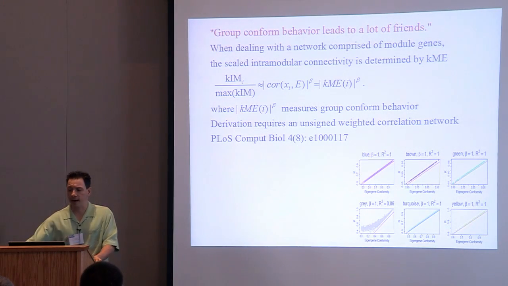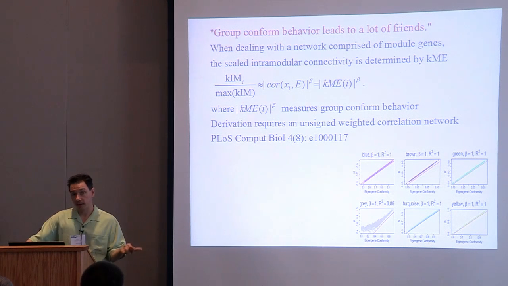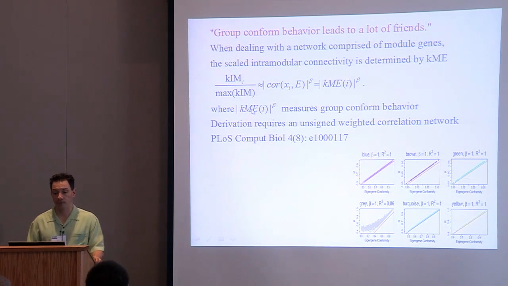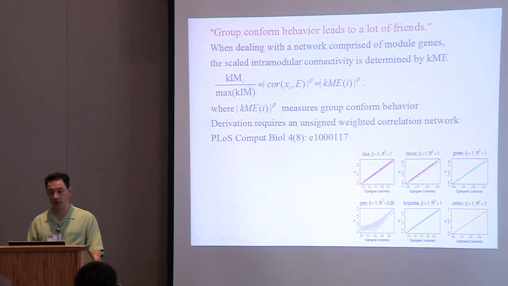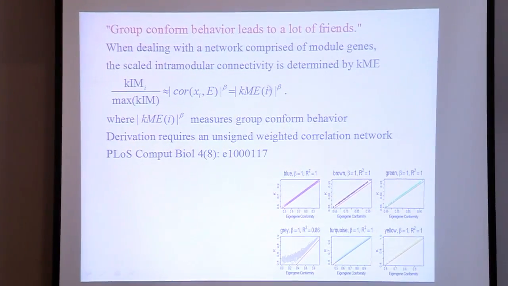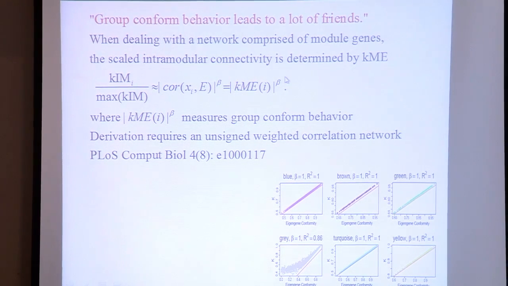one question you can have is, given that we have these two measures of intramodular connectivity, what is their relationship? And the good news is that these measures are highly related. Here I have a formula where I relate the intramodular connectivity divided by its maximum value to the absolute value of the KME measure.